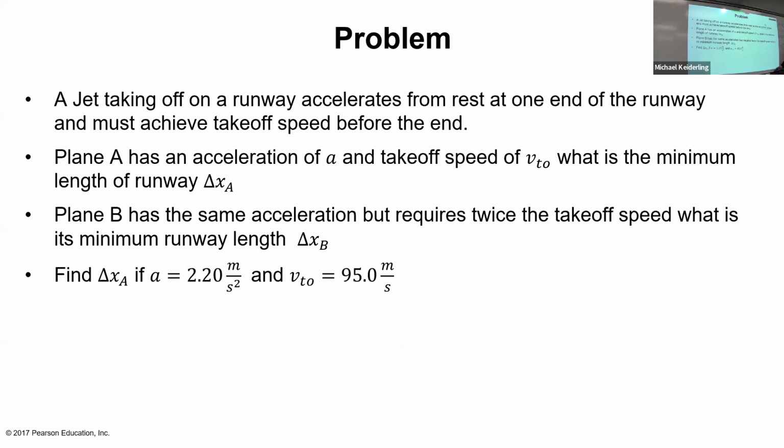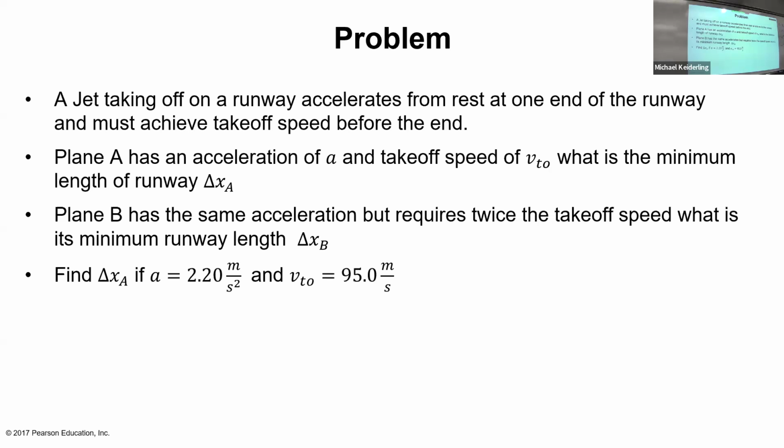So here, this is a sort of problem where you're not dealing with time. You have a jet taking off on a runway. It accelerates from rest at one end of the runway, and it has to achieve takeoff speed before it reaches the end of the runway. So if flight A has an acceleration of A and a takeoff speed of V takeoff, what's the minimum length of runway, delta XA?